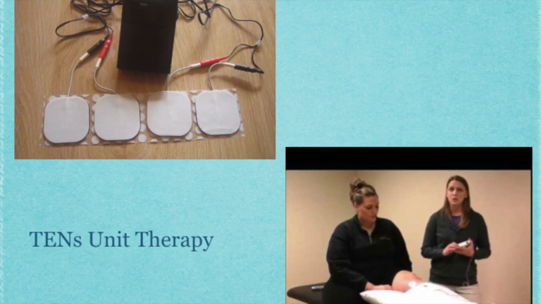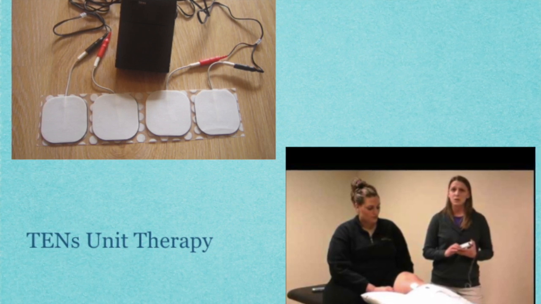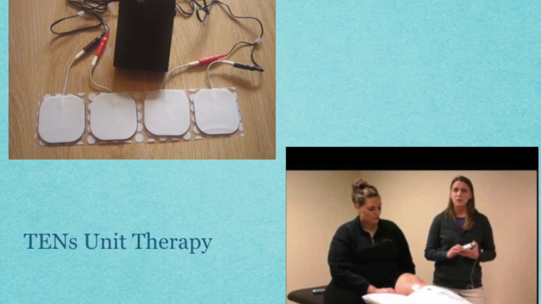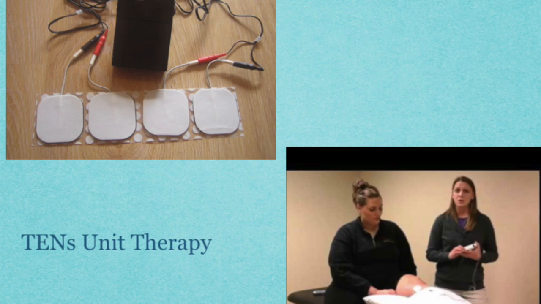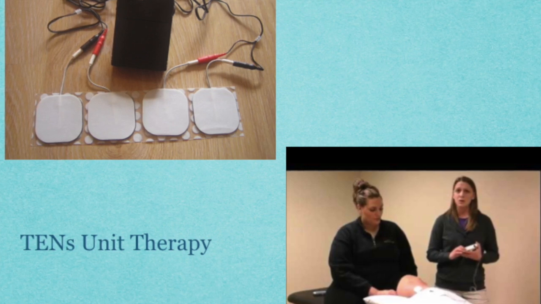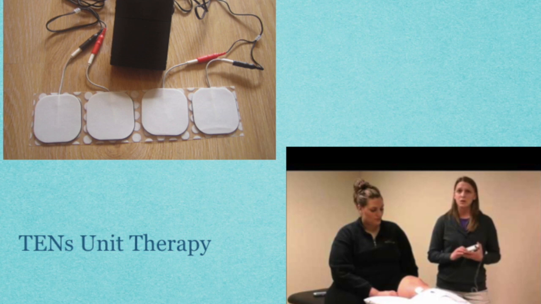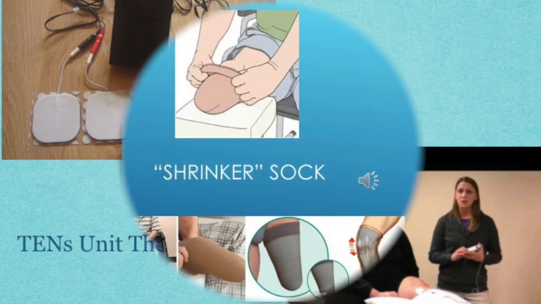High frequency is 80 to 120 impulses per second, which is most commonly used for acute pain, while low frequency is about 1 to 20 cycles per second, commonly used for chronic pain. Duration is the number of microseconds that the current enters the skin for during each pulse phase. While this treatment has been used for a while, medical professionals are beginning to use it as more of a prevention of phantom limb pain than a treatment.